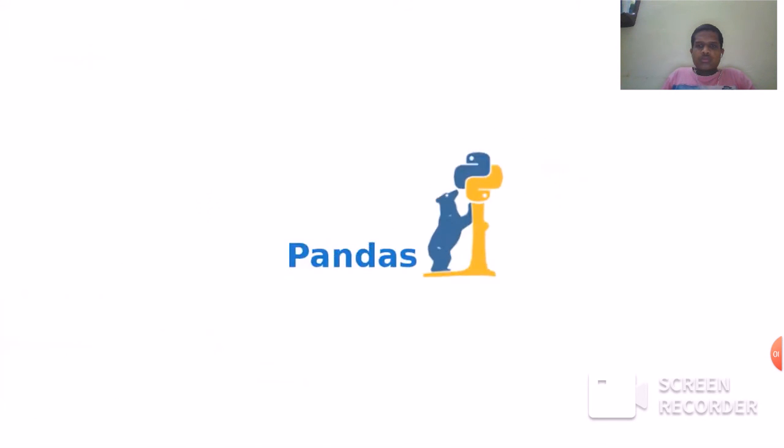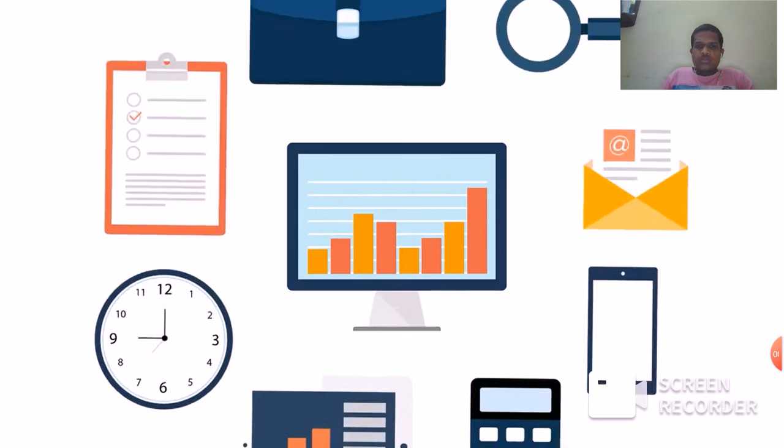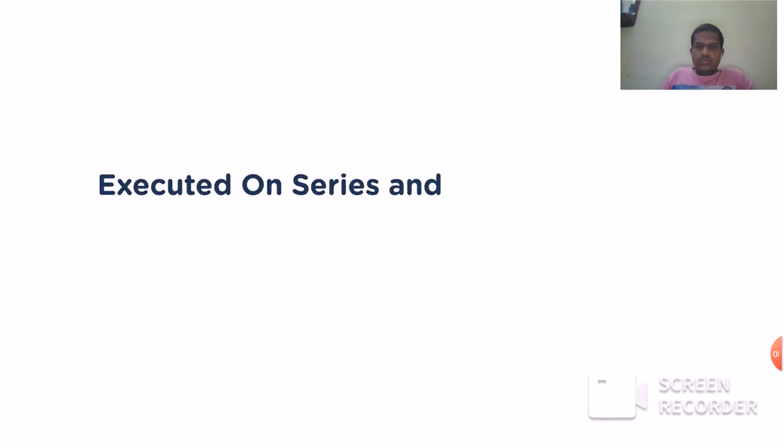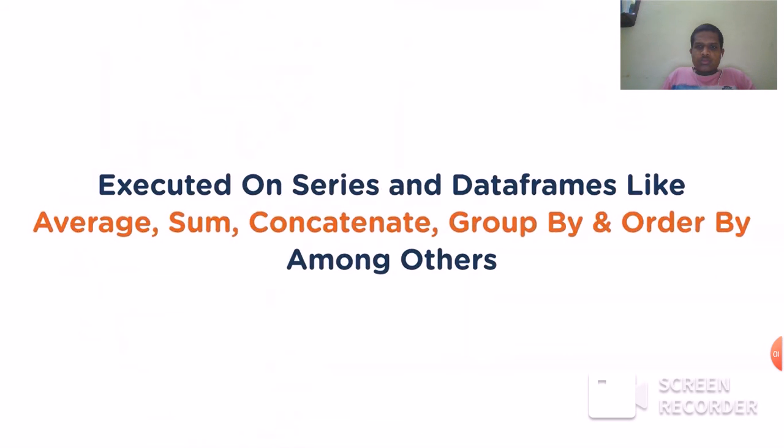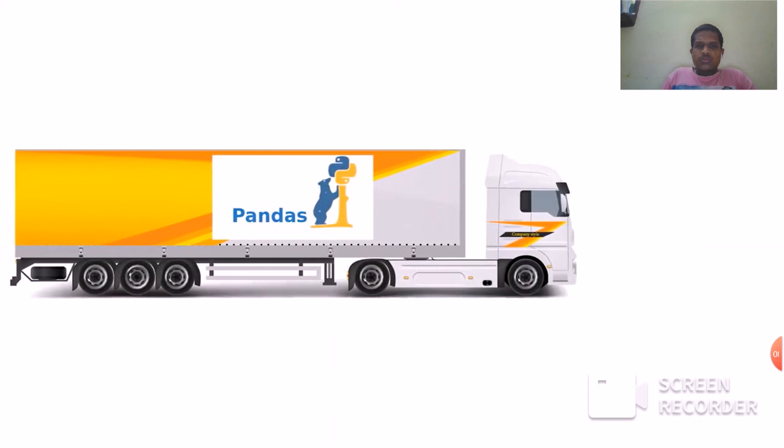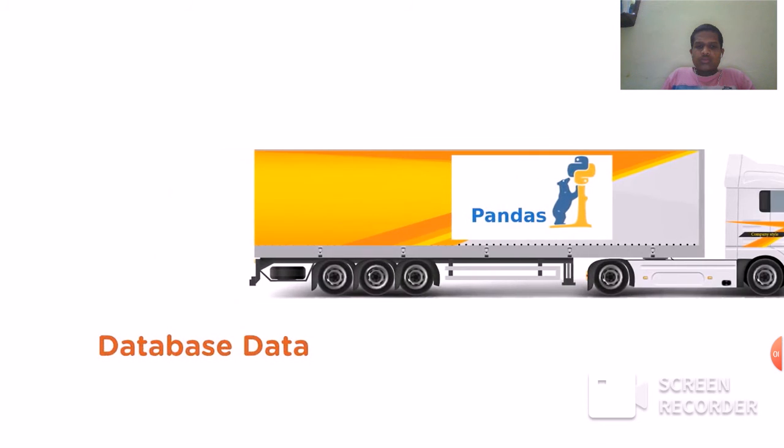The Pandas library provides a lot of functions which can be executed on series and data frames like average, sum, concatenate, group by, and order by, among others. Pandas makes it highly convenient and efficient to work on database data or Excel data.